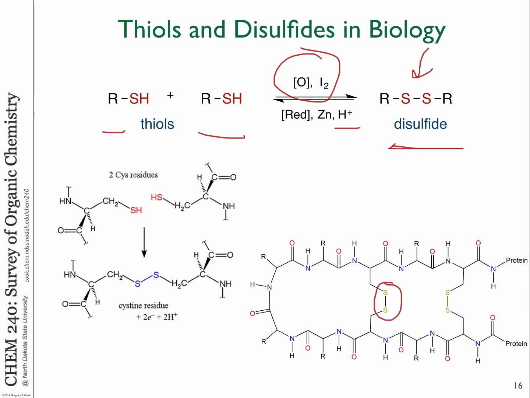That's also reversible. You can reduce the sulfur-sulfur bond to make the thiol. In protein structure, some of the larger structures of proteins depend on having bridging disulfide bonds. And that leads to the function of the protein if it has the specific structure. So those disulfide bonds are quite important.